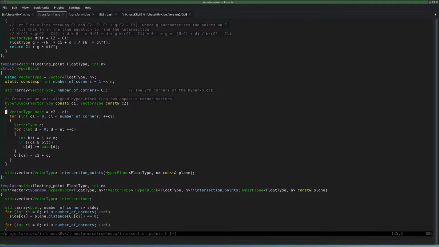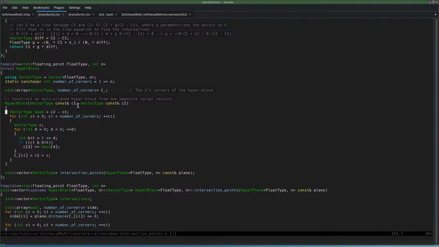I'm defining a base here as C2 minus C1. Okay, so let's draw this. Well, it's very arbitrary. You can just pass whatever you want.